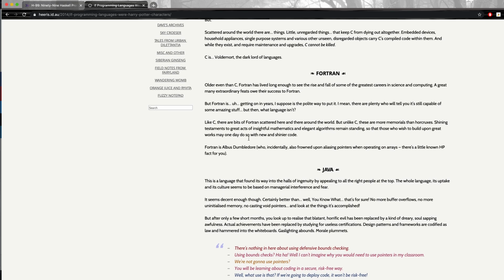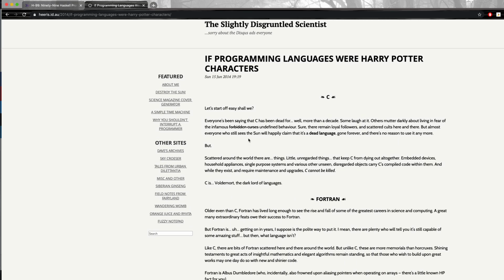I'm going to read a few lines from this article. Here we are trying to assign Harry Potter characters to programming languages. Scattered around the world there are things, little unregarded things, that keep C from dying out altogether. Embedded devices, household appliances, single-purpose systems, and various other unseen, disregarded objects carry C's compiled code within them.